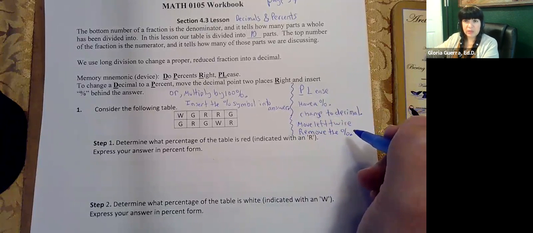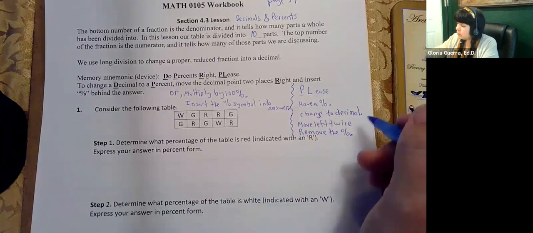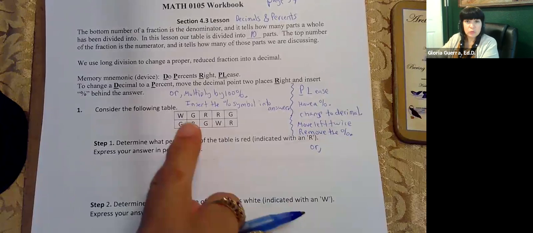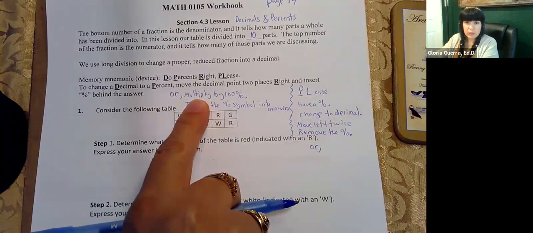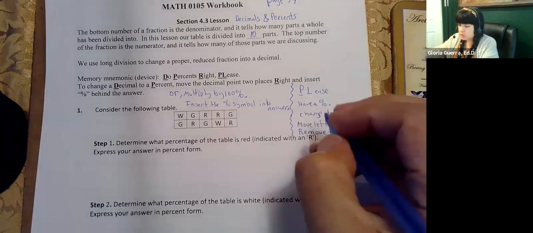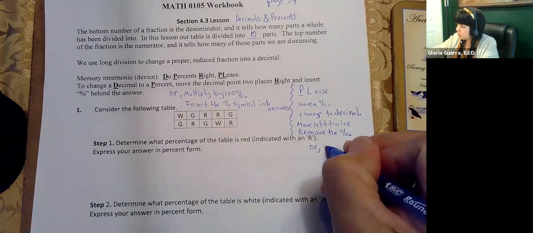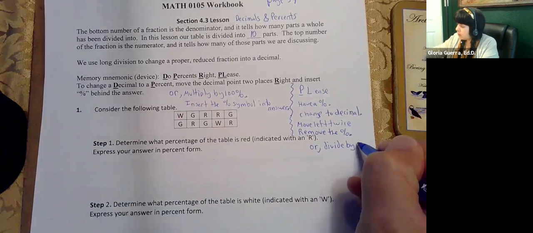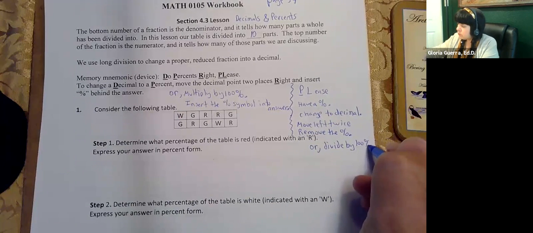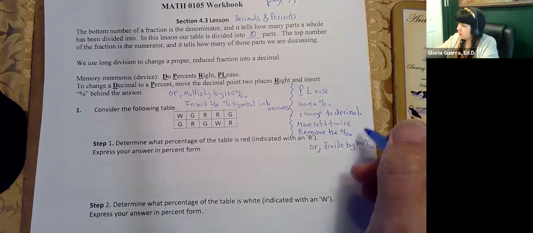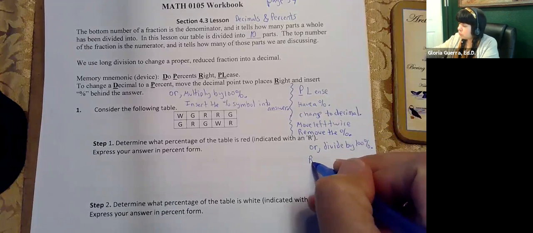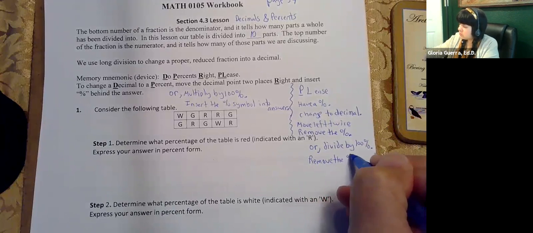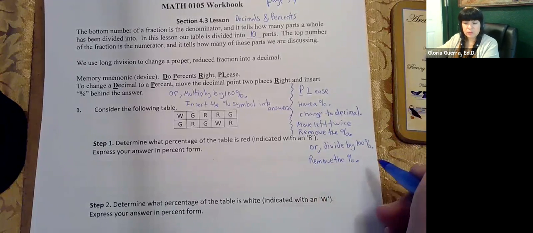Or the other thing you can do is undo this. How do you undo multiplying? By division. So you can simply divide by 100%, and when you divide by 100%, you have permission to remove the little percent symbol, because the percent symbol cancels out. So you don't need that.